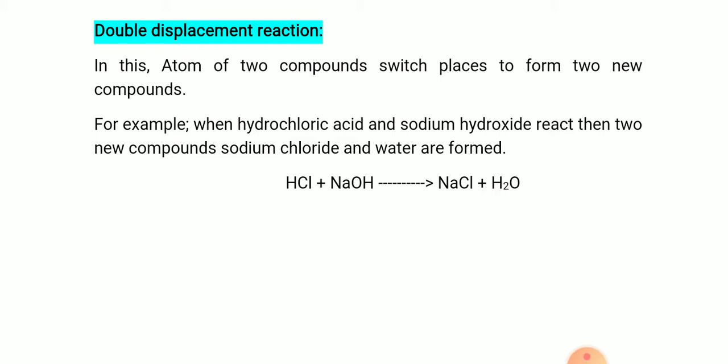Na+ combines with Cl- to form NaCl, and H+ combines with OH- to form water, H2O. So in a double displacement reaction, atoms of two compounds switch places to form two new products.